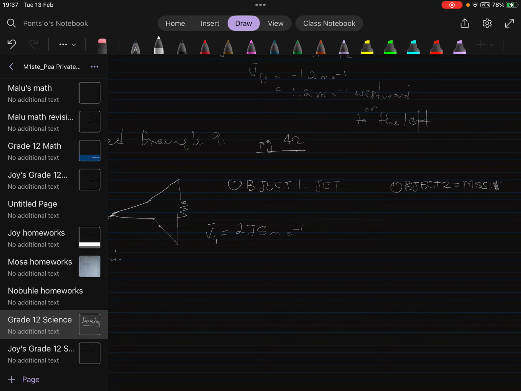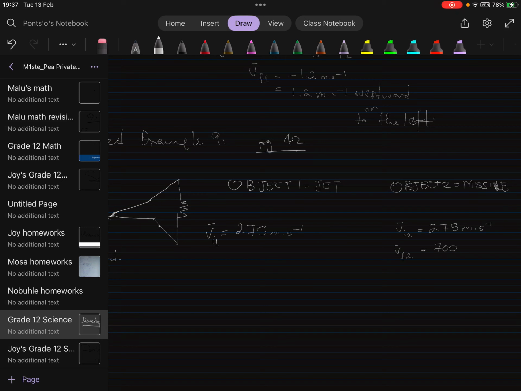Object 2 is the missile, but we only know its velocity 2 so far. But we also know its velocity 1. Do you know why? The same speed, moving at the same speed as the jet. 100%. That's absolutely correct.